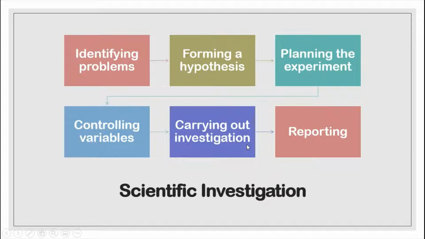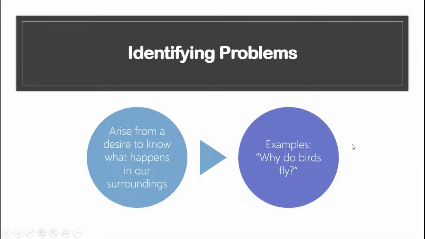Okay, let's study it closely and slowly. First of all, we have identifying problems. What is that? Identifying problems in general arises from a desire to know what happens in our surroundings. For example, why do birds fly?